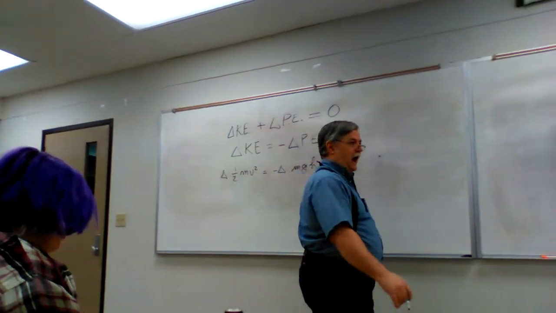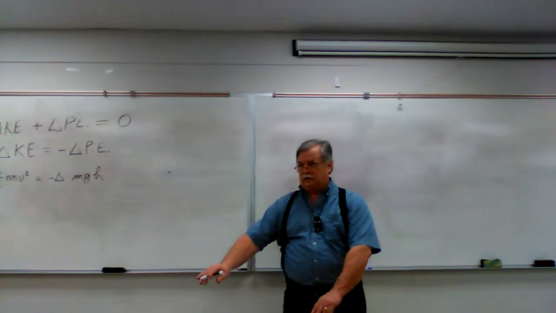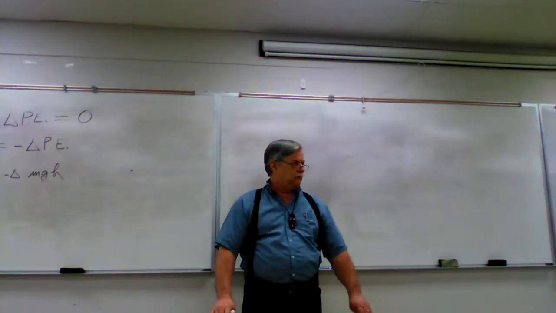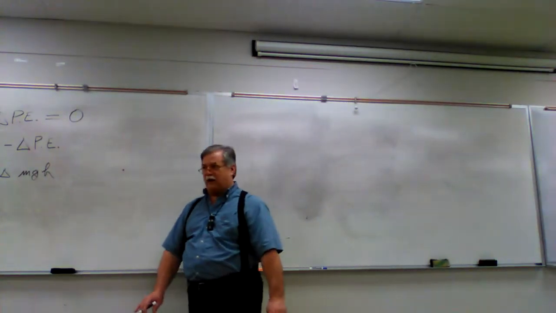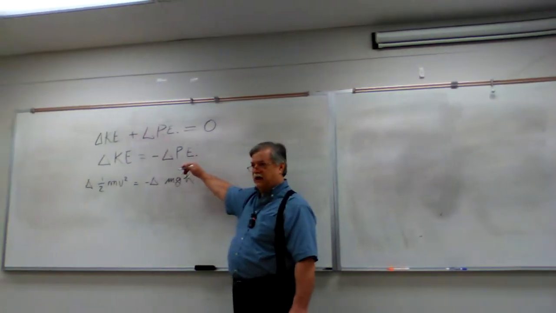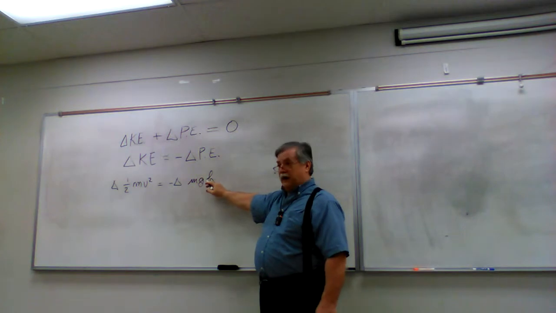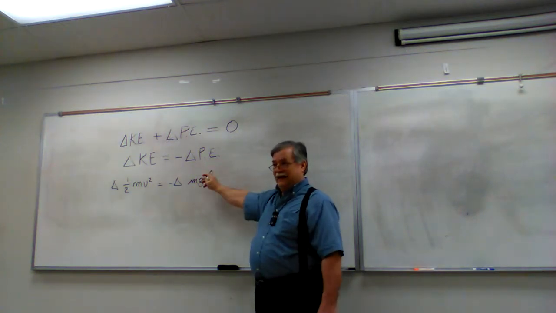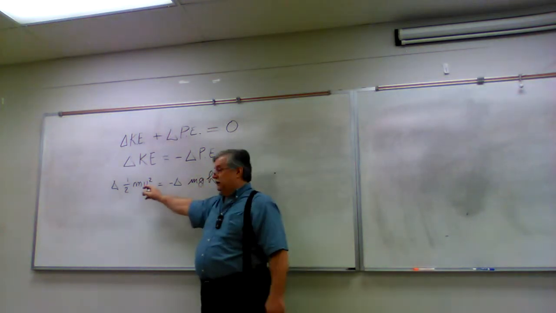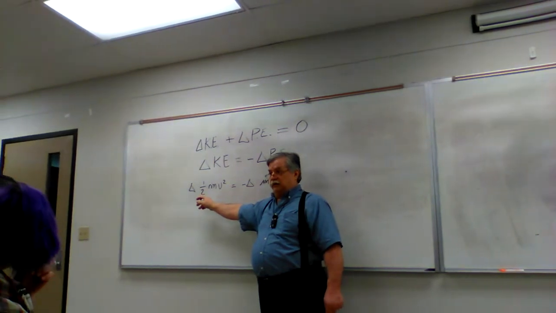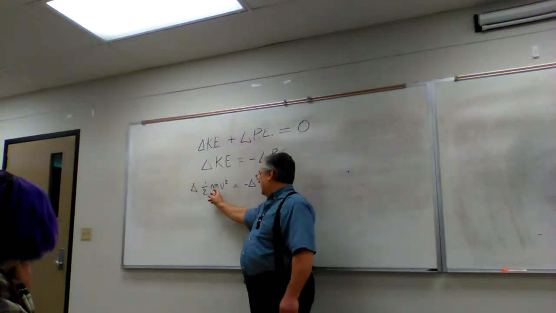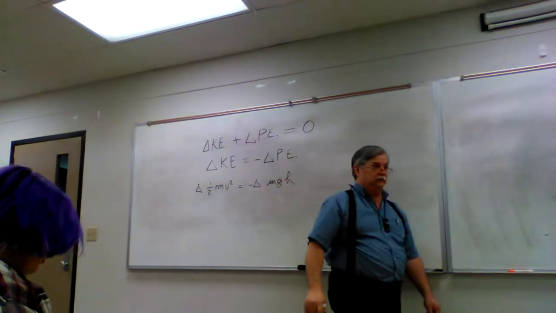By knowing how high above the reference level, the lower level track, we start with this cart at rest, as soon as we let go of it, that potential energy is going to be converted into kinetic energy, which we can solve for a velocity.